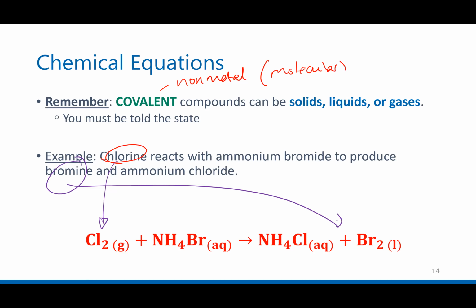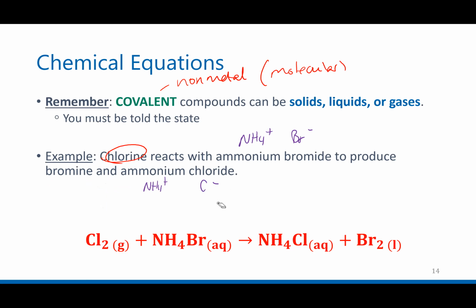Then I get ammonium bromide. Ammonium is NH4 plus. It's in your data booklet under polyatomic ions. And ammonium chloride, NH4 and Cl minus. All right, so that's review from chapter 3. We would put these together then and get all of these chemical formulas on the bottom.